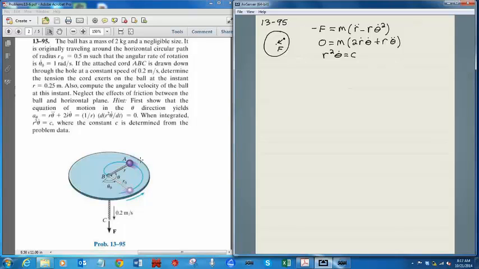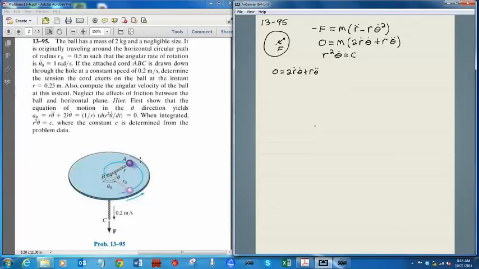What I'm going to try and do is show you where that comes from, so that you can realize it's not magic. So I'm going to pick on the equation that comes from the theta direction, and I'm going to try and solve it. So what I have then is the equation 0 equals m, I'm going to divide through by the m, and I'm left with 0 equals 2 R dot theta dot plus R theta double dot.